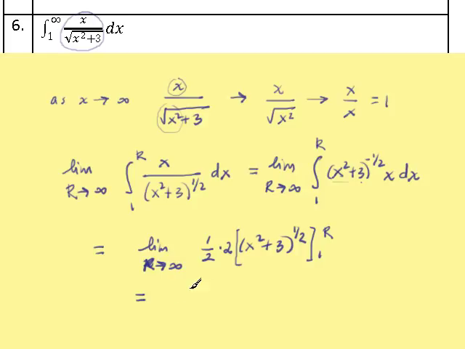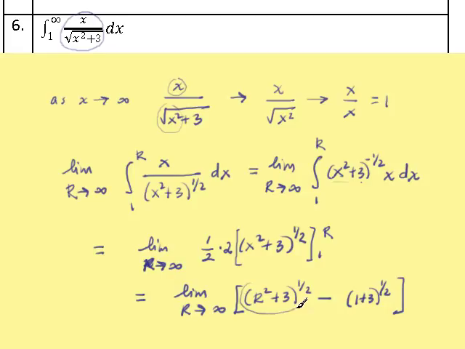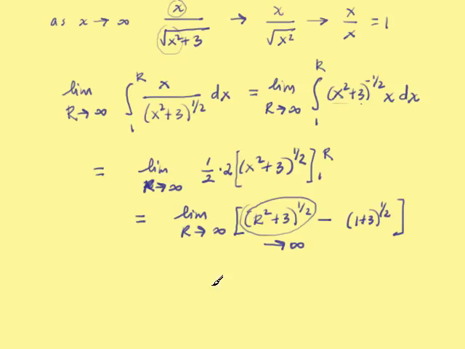It's definitely going to go to infinity. So we have r squared plus 3 to the 1/2 minus 1 plus 3 to the 1/2. As r goes to infinity, r squared plus 3 to the 1/2 also goes to infinity. So, like we expected, this integral diverges.